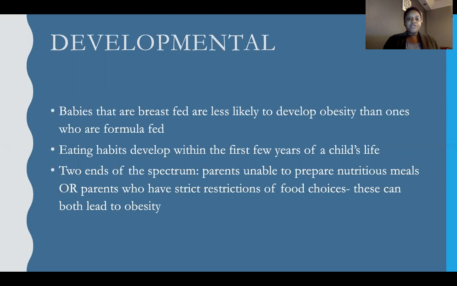And then you have parents who have strict restrictions on food choices, and these can both lead to obesity. In the second case, it usually occurs when children are exposed to other types of food outside of the household, whether it be through school or visiting friends, and they would then go towards or tend towards the palatable types of foods.